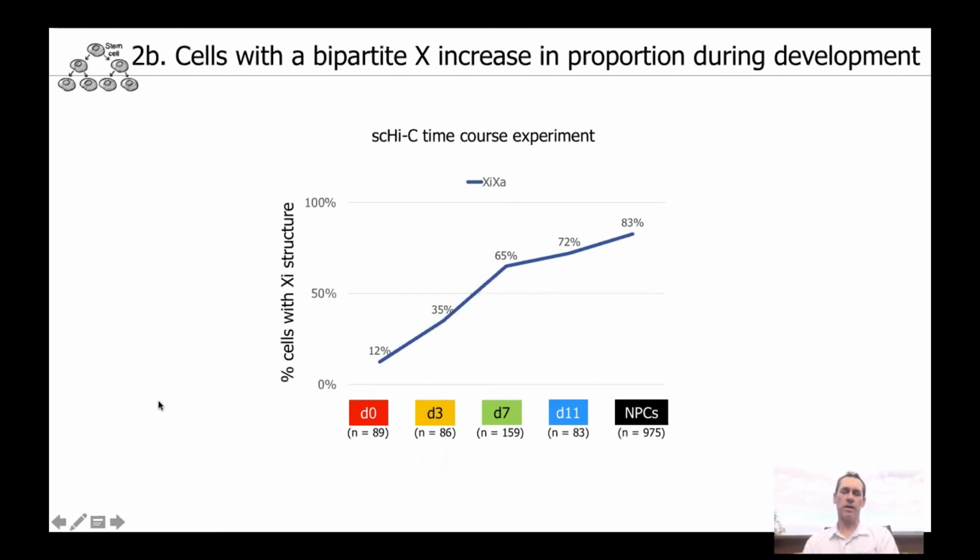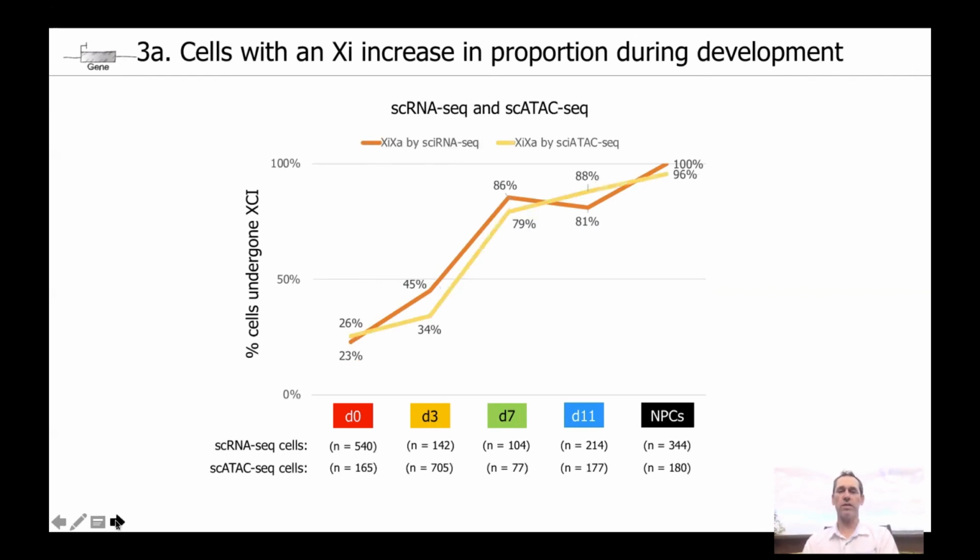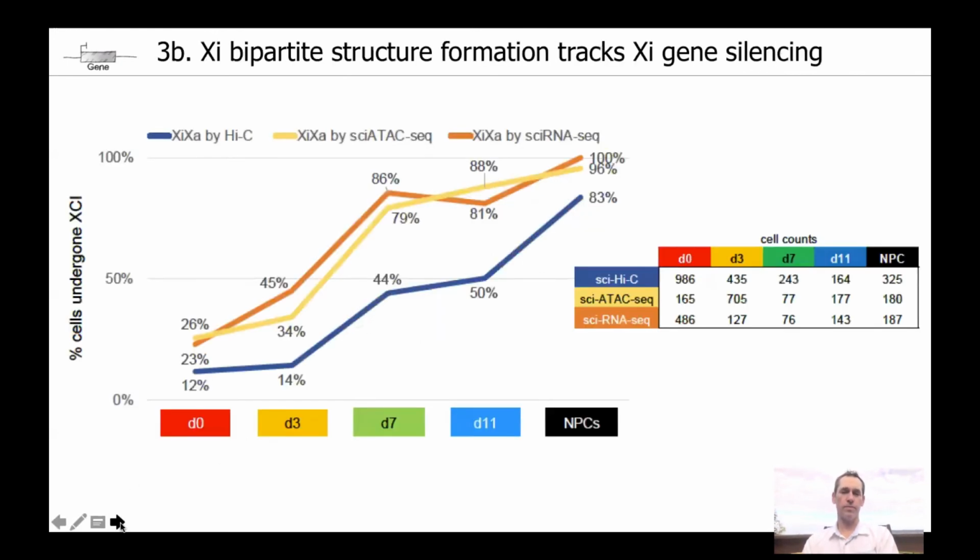Using the single cell Hi-C data, we also found that the proportion of cells with the inactive X chromosome increases during the course of development. Similarly, the proportion of cells with a silenced X chromosome increases during the course of development, both by allelic single cell expression analysis and by allelic single cell accessibility analysis.